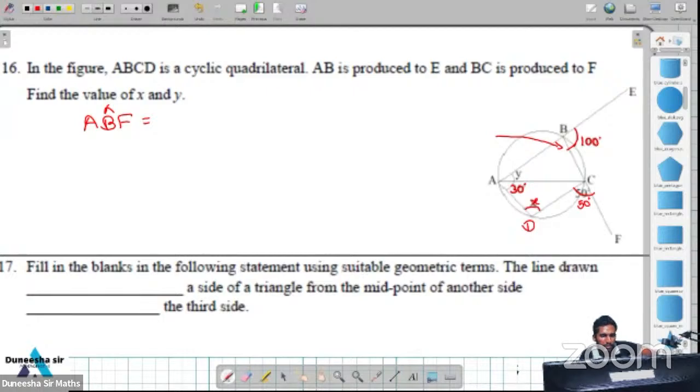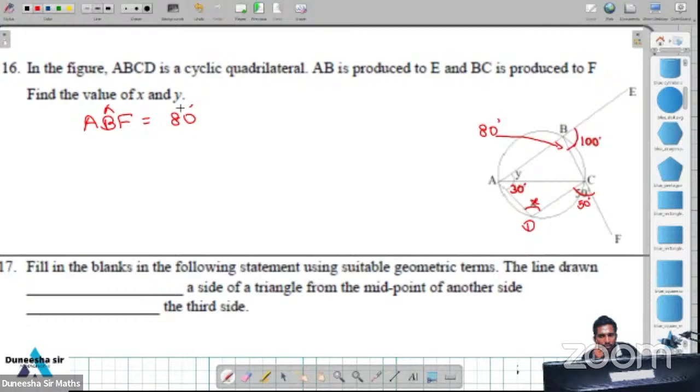ABF, how much? Inuri, how much is ABF? 80 degrees. Yes, 80. It is a straight angle, so this becomes 80.